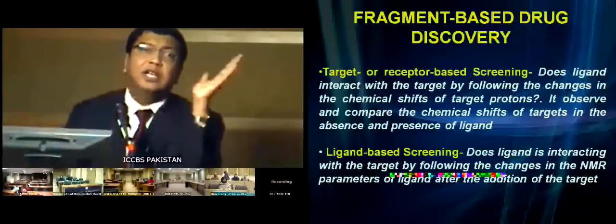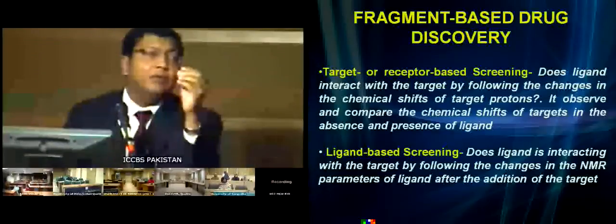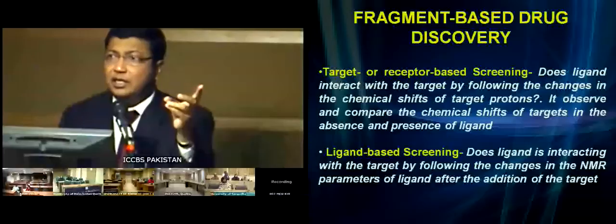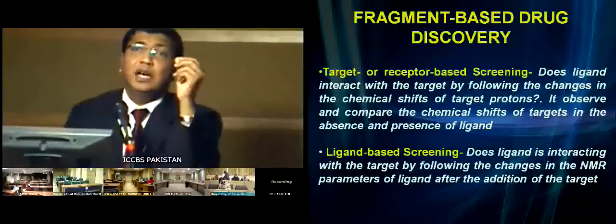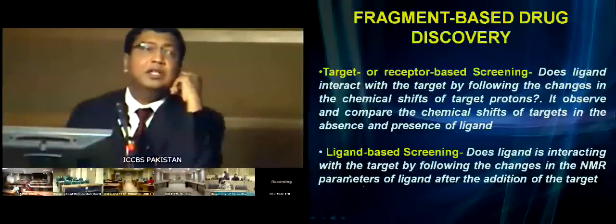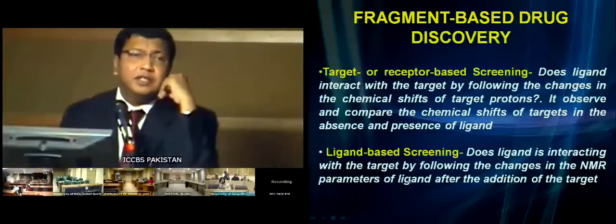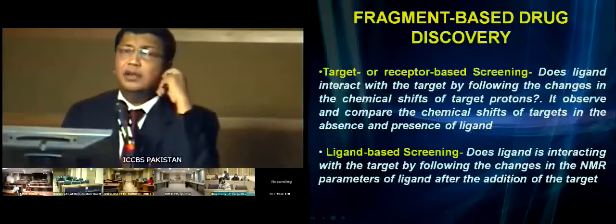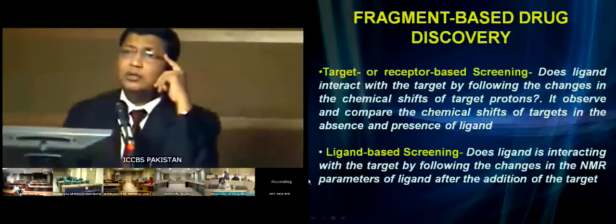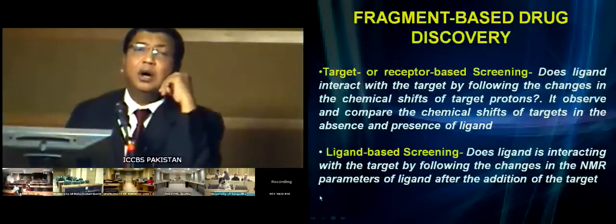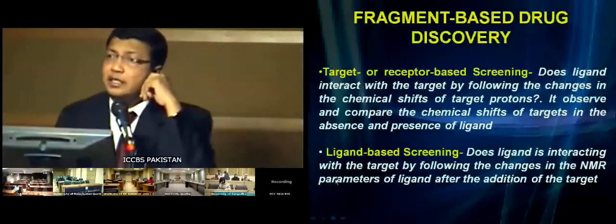So if you have 1000 ligands, and you see one or two of them suffering a chemical shift change, or they have changes in the NMR parameters, and I use the word parameters intentionally, because it includes not only chemical shift but also intensity of the signal, with reference to negative NOE or positive NOE. So not only chemical shift but also the intensity of the signal of those particular ligands which are affected are the lead candidates. They are the ones.